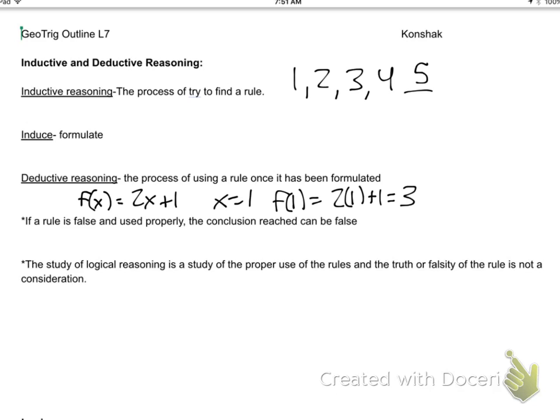And there are two starred things here that you kind of just have to accept because they work. If a rule is false, but it's used properly, then the conclusion reached can be false. So if a rule is false and used properly, like a cow can't fly, right?